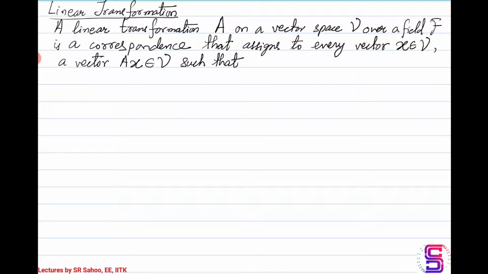In addition to this, this transformation has the following property: A, when it acts on a linear combination of a pair of vectors from the vector space, will give you the same as the linear combination of the respective transformed vectors.